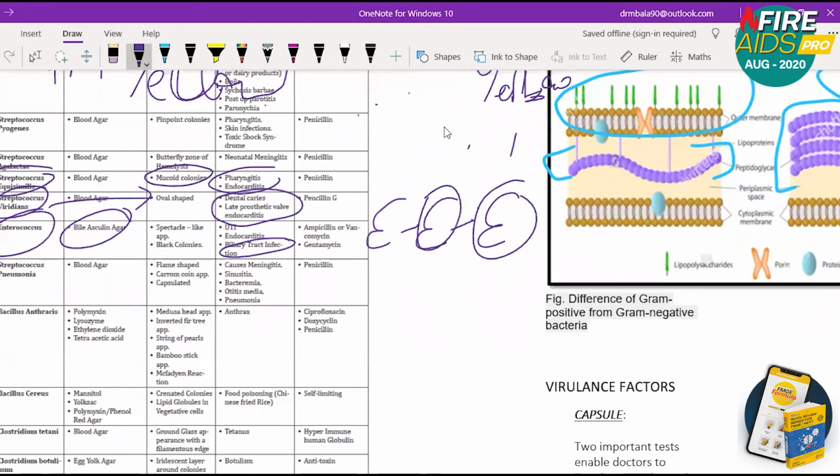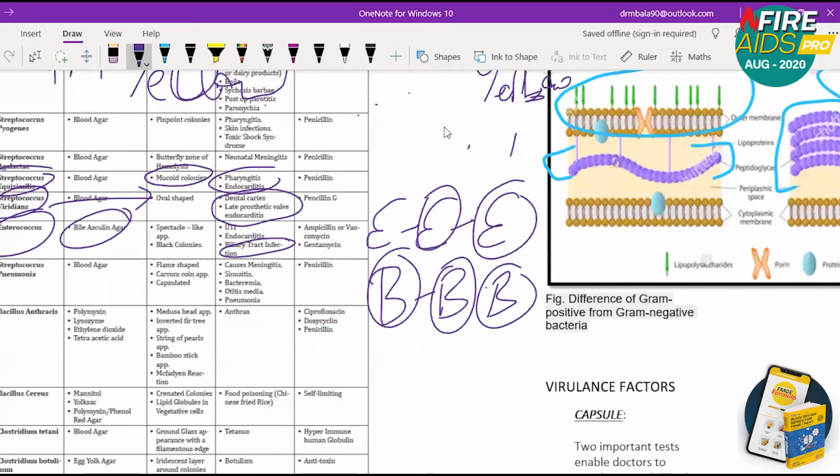That is spectacle-like arrangement, spectacle-like appearance. Then I want you to remember B, B, B. The first B is for bile esculin agar. The next B is for black colonies. The next B is for biliary tract infection. So 3 E and 3 B. So this is what you are going to remember. Enterococcus, E and B.